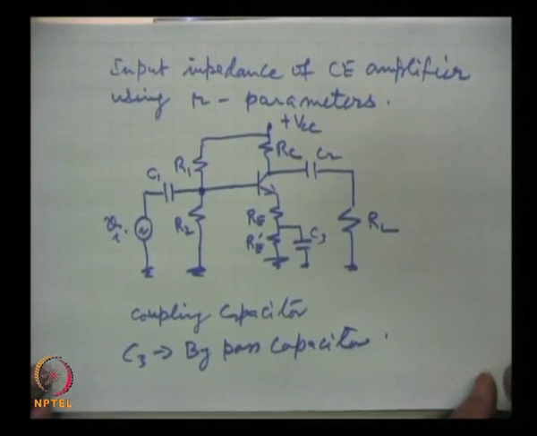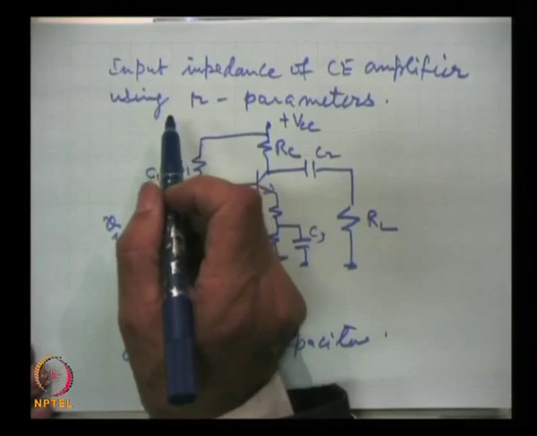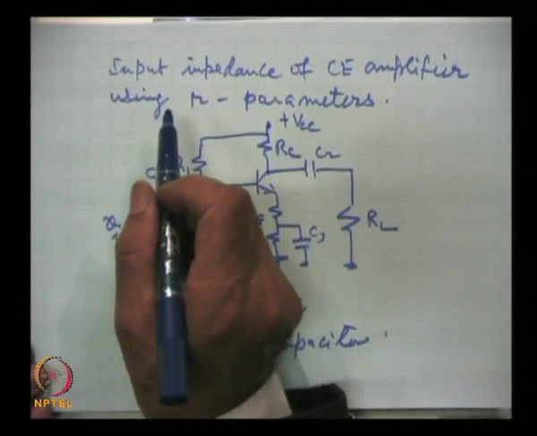Now, again our objective is to find an expression for the input impedance of the amplifier. We have in the beginning emphasized the importance of input impedance, and for a voltage amplifier the input impedance is supposed to be high.